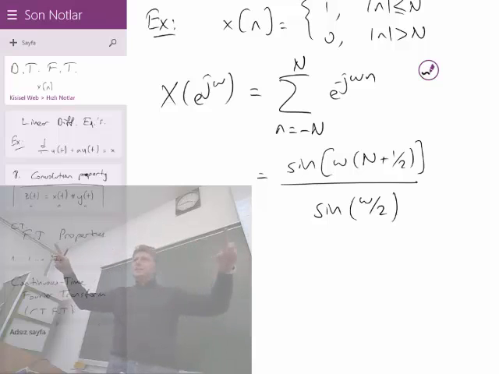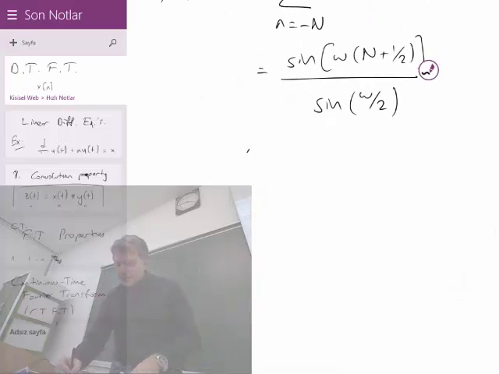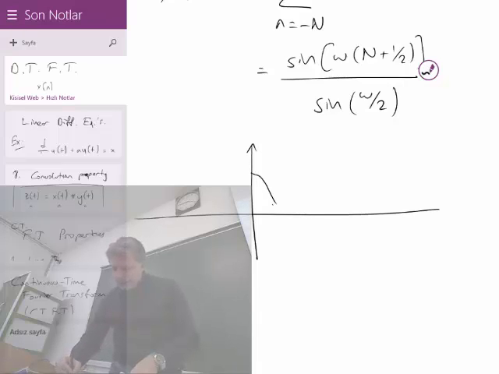So it behaves like this, but only from 0 to pi, or from minus pi to 0. So between minus pi and pi, it acts like a sinc, like this, up to the point of pi.